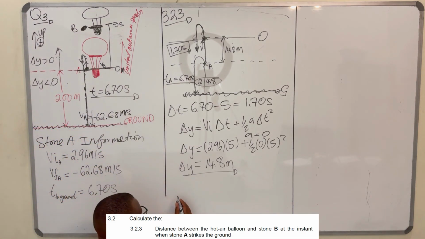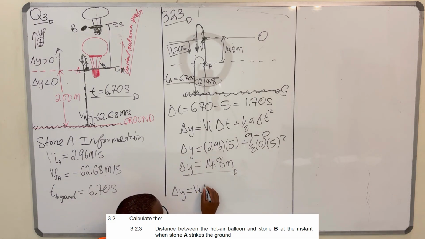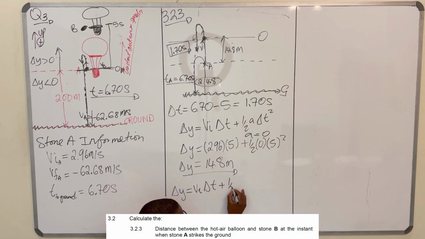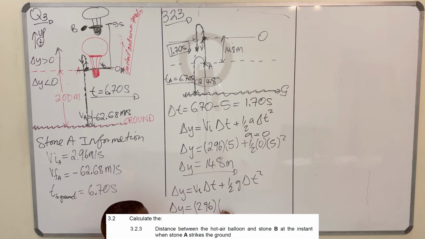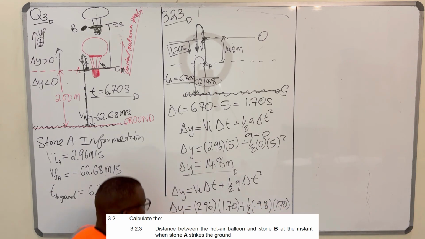So we can say, okay, delta Y is equal to VI delta T plus half G delta T all squared. This one is in free fall, right? So your delta Y is equal to your VI, which is 2.96, times 1.70, plus half times negative 9.8 times 1.70 squared.